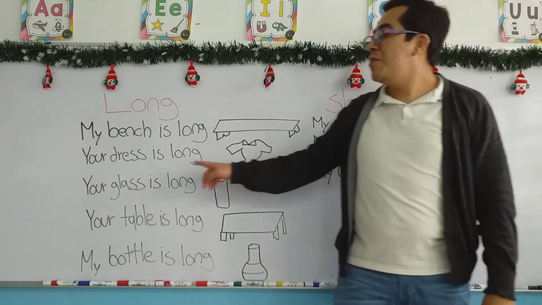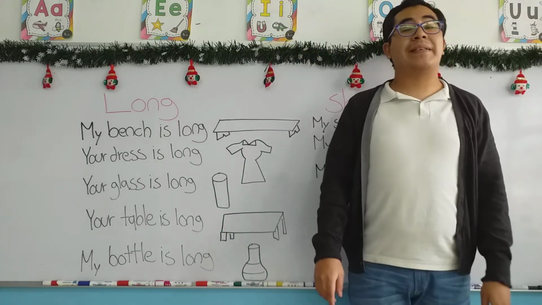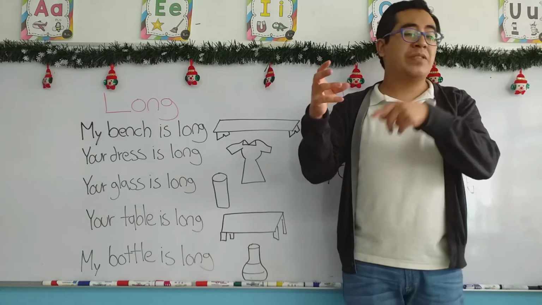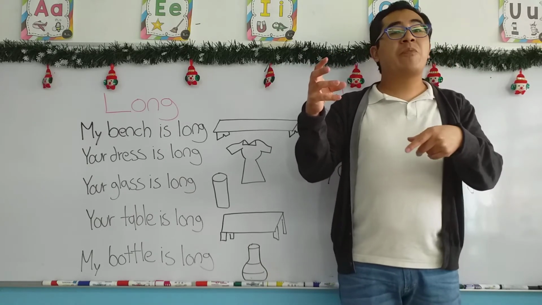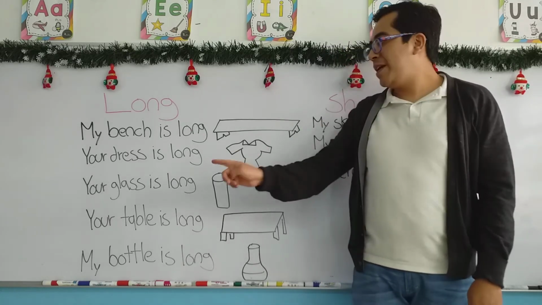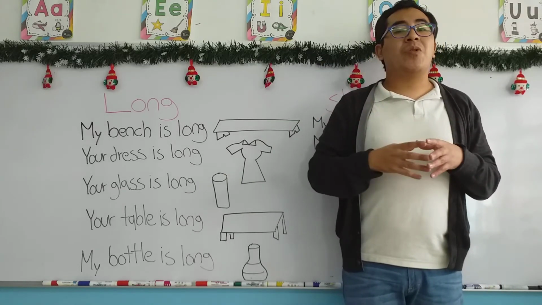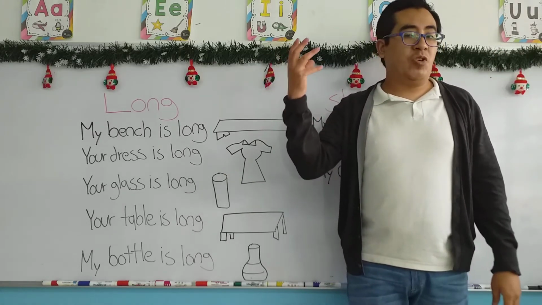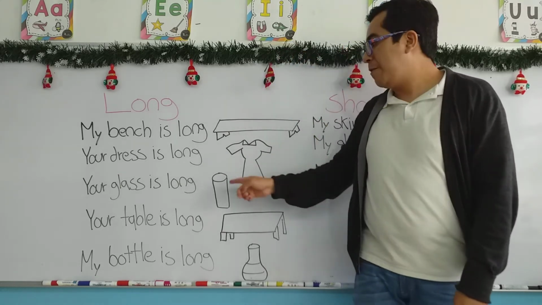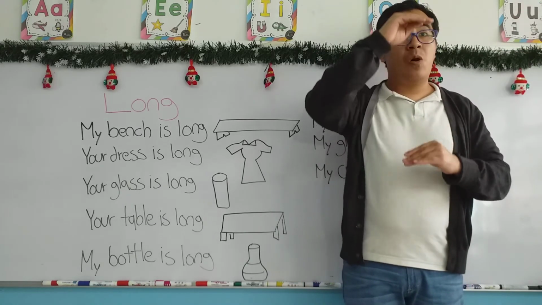Let's continue with the next sentence, and it says, your glass. Now remember, glass, it's an object that is made of crystal or plastic that we use to pour a drink so we can drink it, okay? So, glass in Spanish, vaso. Recuerden que un vaso es un objeto hecho de plástico o de cristal que utilizamos para beber algún líquido. Your glass is long.